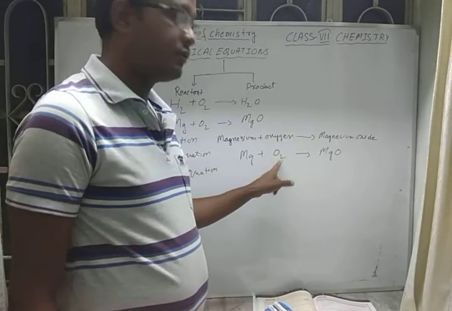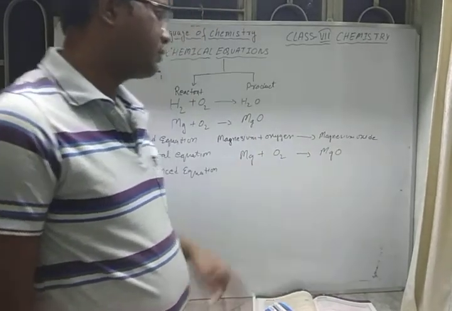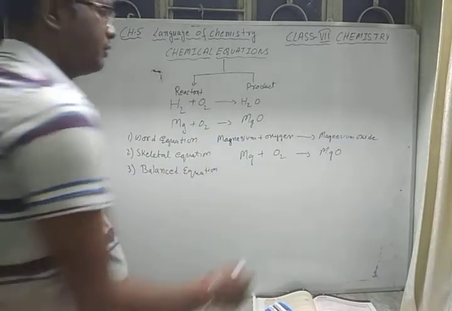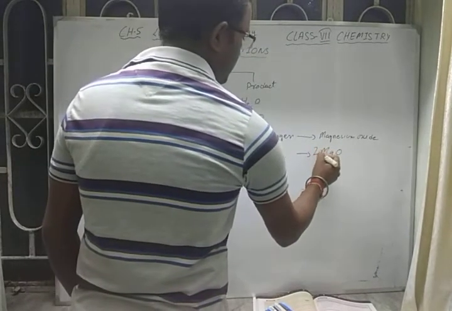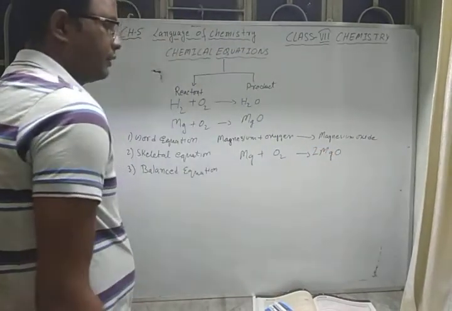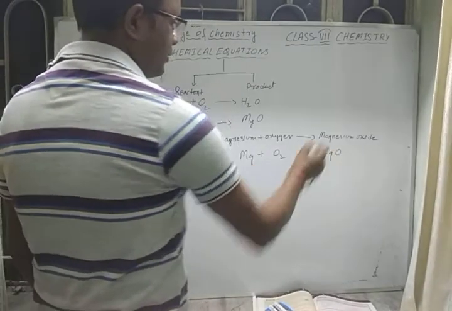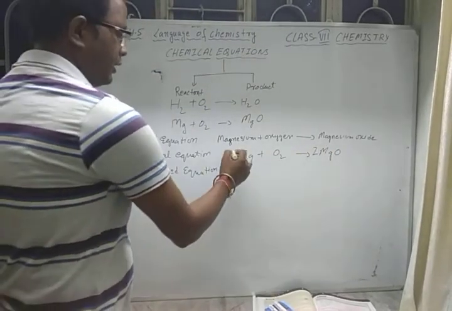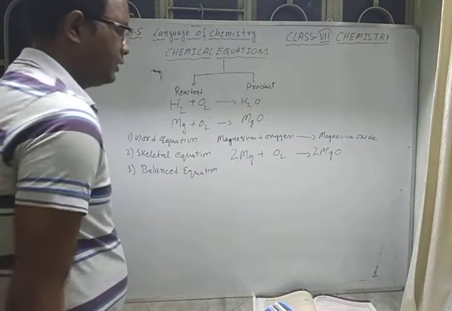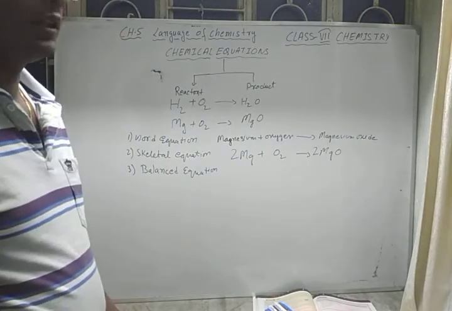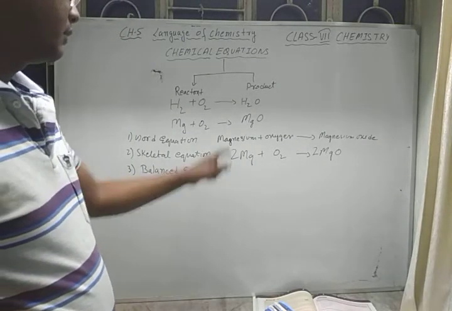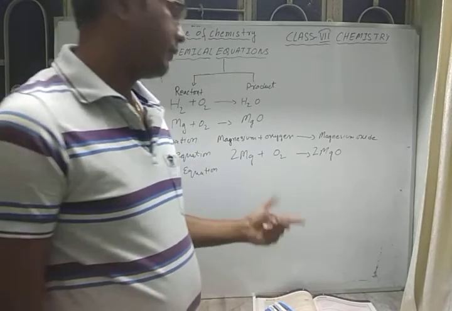But here oxygen is 2, and here oxygen is only 1. To balance that oxygen, we have to put 2 over here. After writing a 2 over there, magnesium also becomes 2, so you have to write 2 again. Now this is a balanced chemical equation. In the same equation I have done the balancing also.